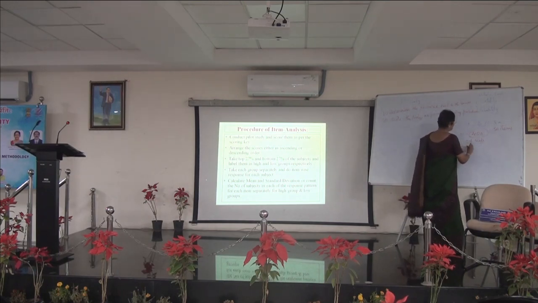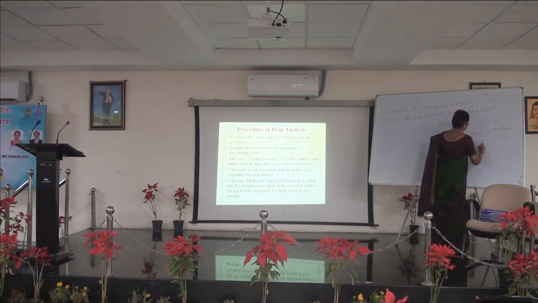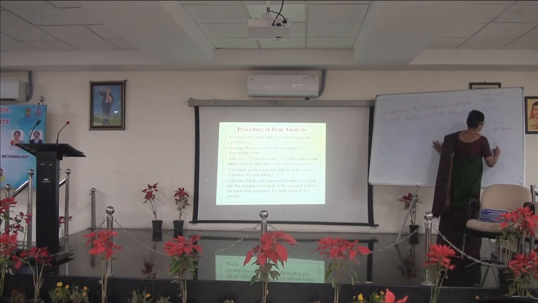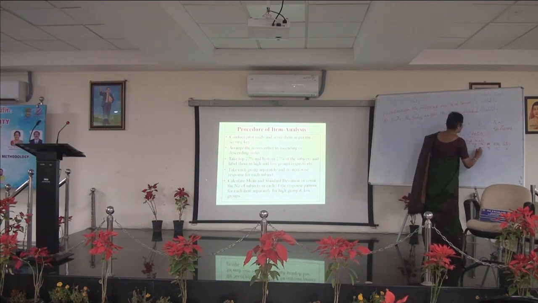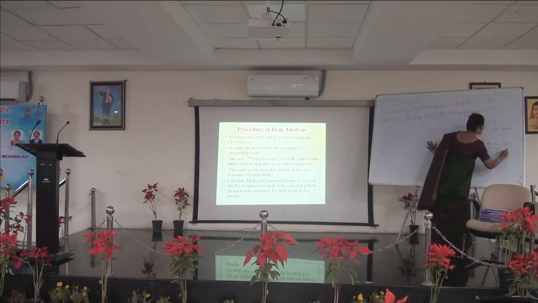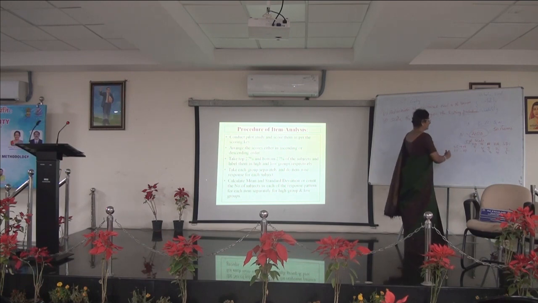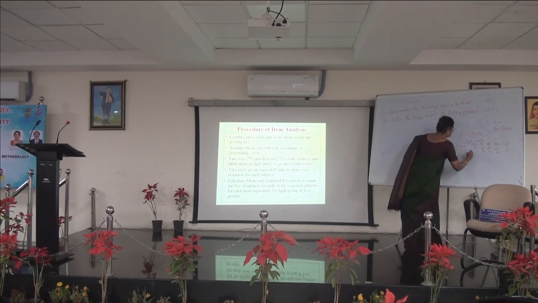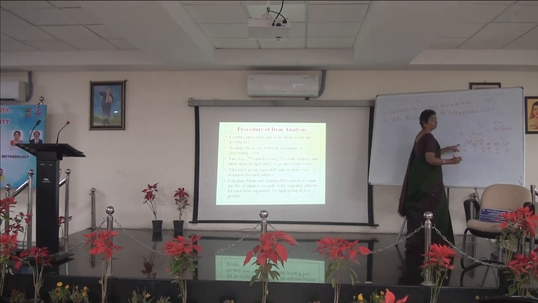For all the positive items, strongly agree, you get 5, and agree, you get 4. Neutral or doubtful, 3. Disagree, 2. Strongly disagree, 1. And similarly for negative items, it will be vice versa. And for any one sample, the maximum score can be 50 into 5.